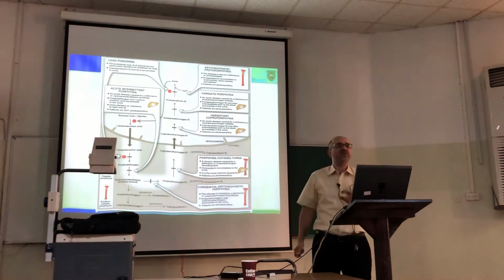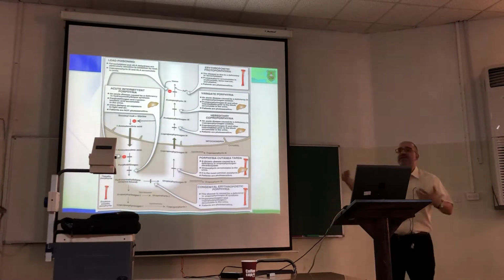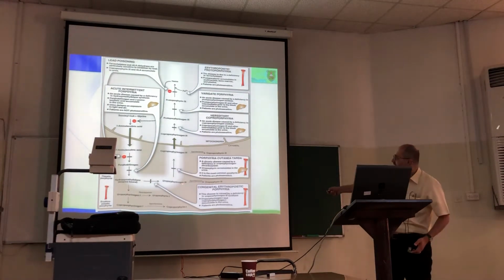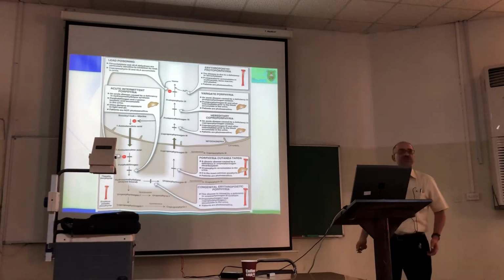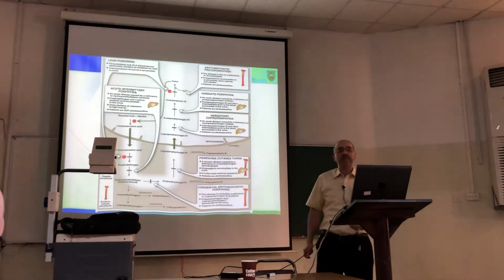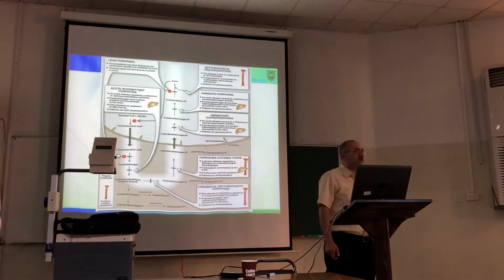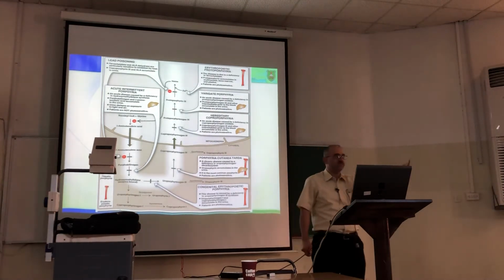That is, they are not affected by sunlight. But any defect in an enzyme that takes place afterwards, after hydroxymethylbutane, then patients would be photosensitive. The main organs that are affected are the nervous system as well as the digestive system.